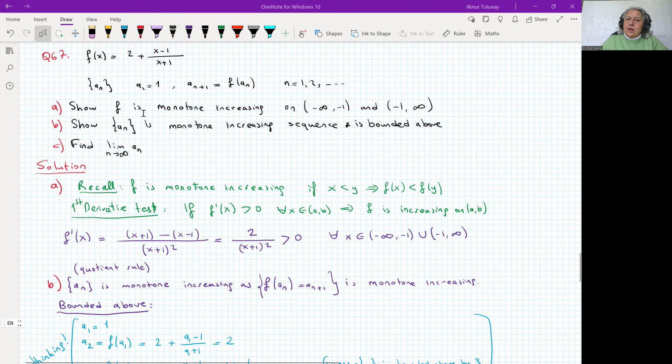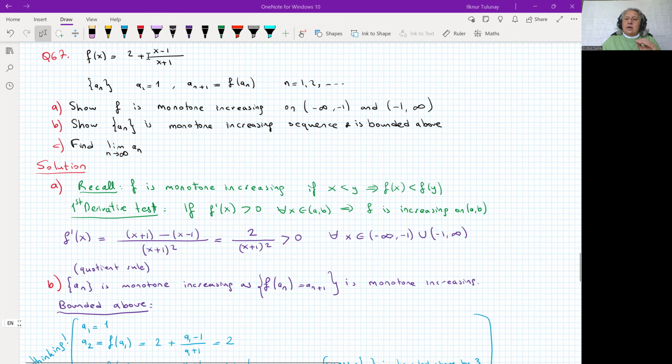Now, we would like to show that f is a monotone increasing function in this interval, and then we would like to show that a_n is bounded. Since it is monotone increasing and bounded as a sequence, it has a limit. Then we will find the limit.